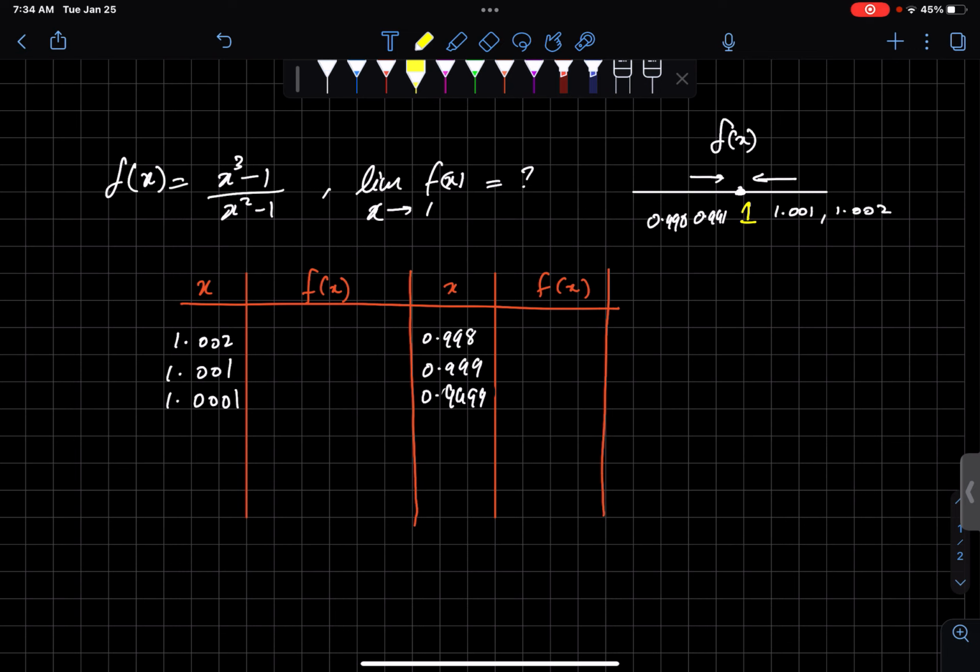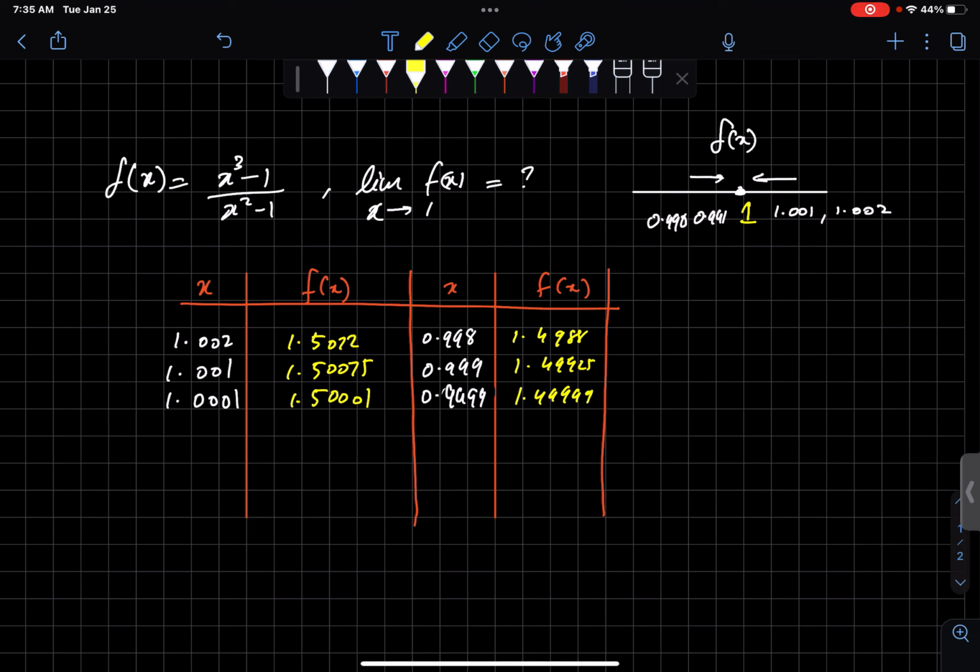So we get values like 1.5072, 1.50075, 1.5001, and then from this side we get 1.4988, 1.49925, and 1.49999.